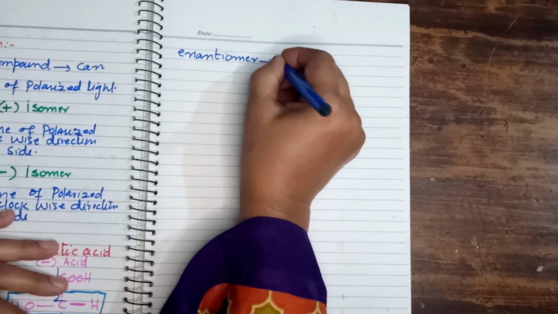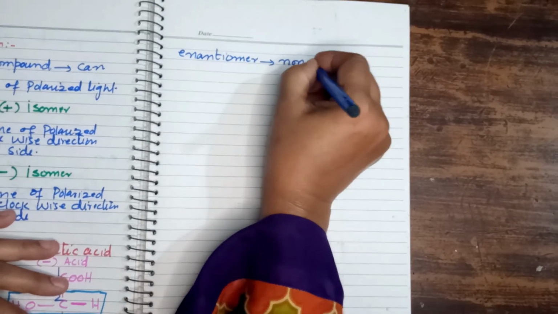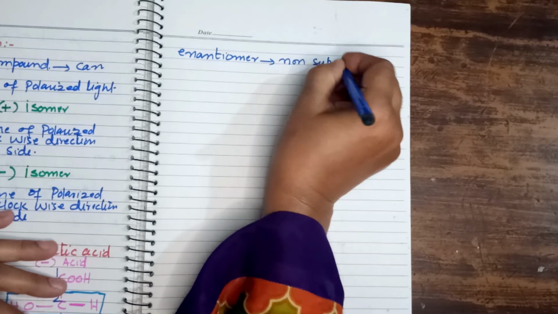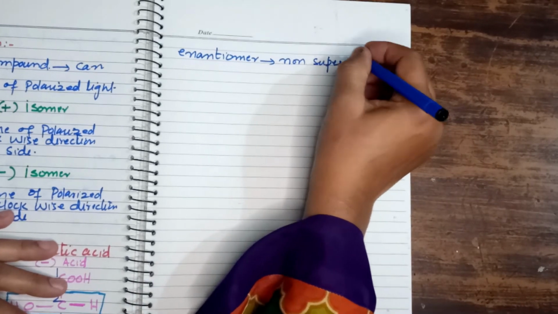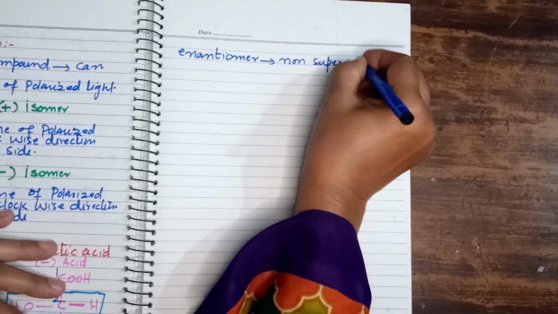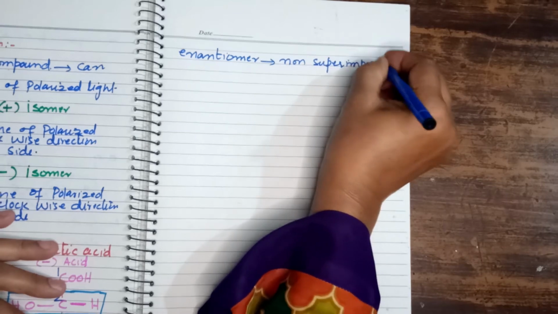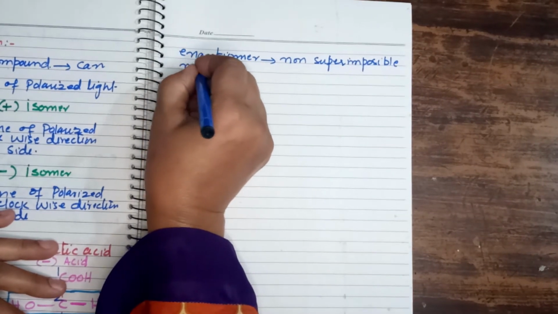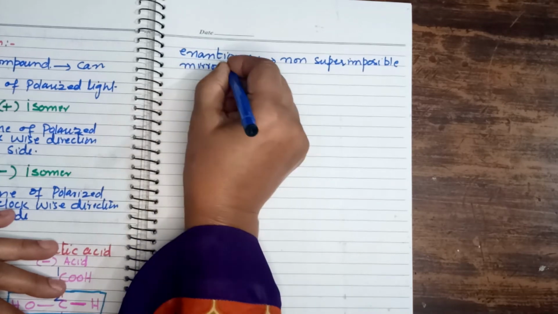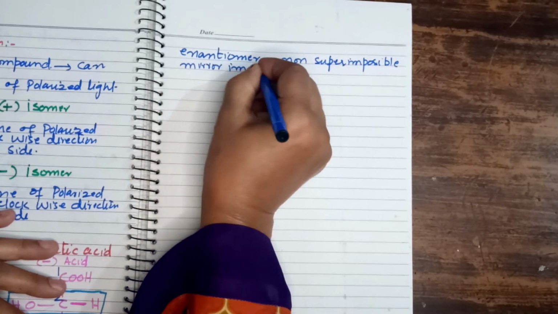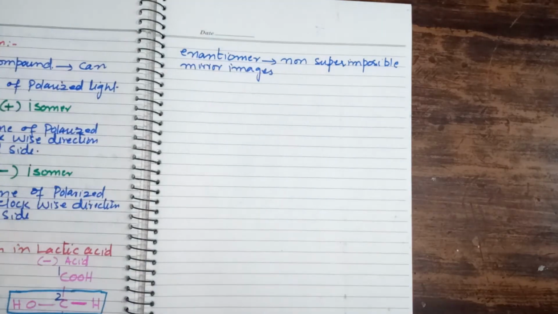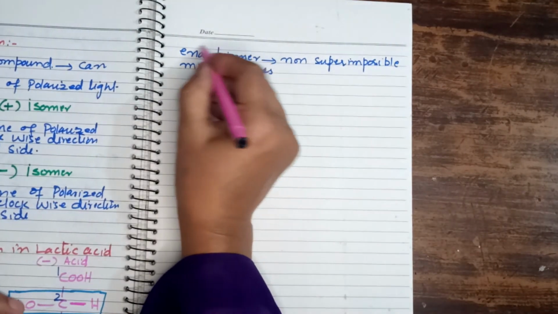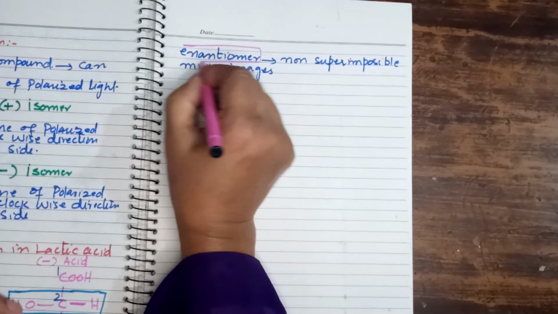Non-superimposable mirror images are known as enantiomers, right?